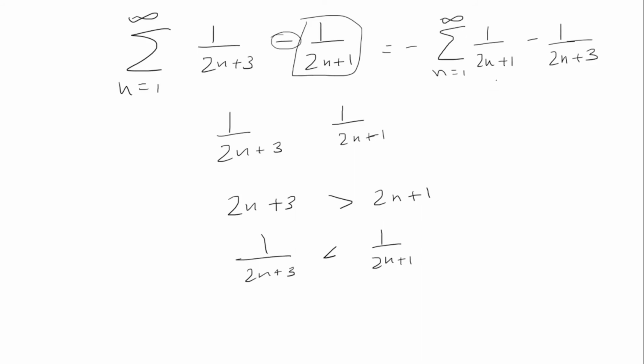Step 2 says, how far apart is 2n plus 1 from 2n plus 3? If you draw a little number line, we start off with 2n plus 1 and go up by 1 until we reach 2n plus 3. So this is 1 away and this is 2 away.